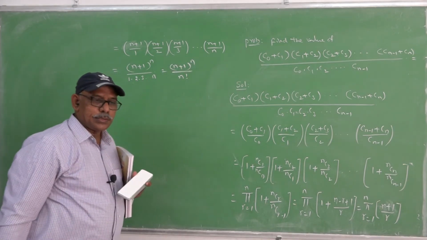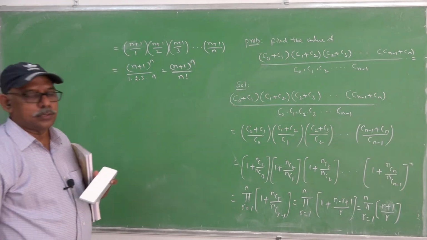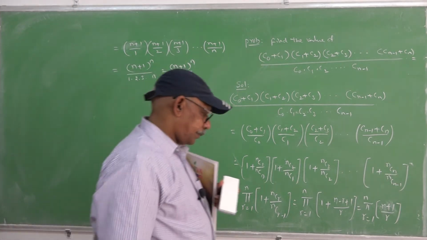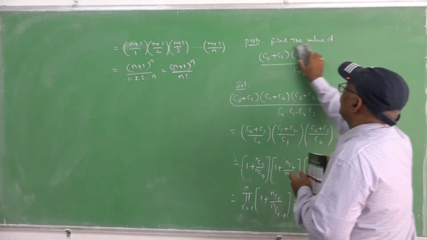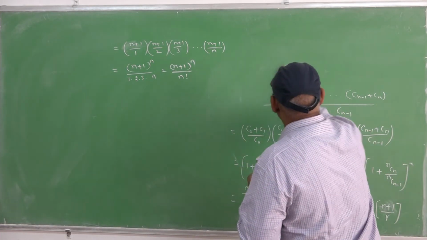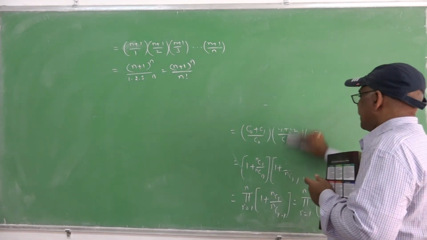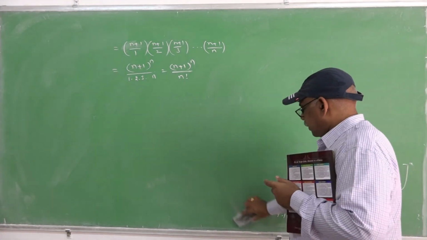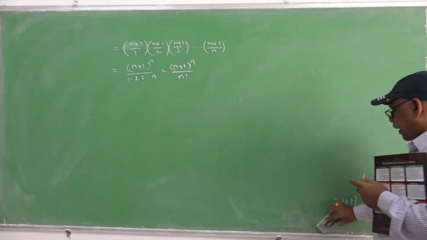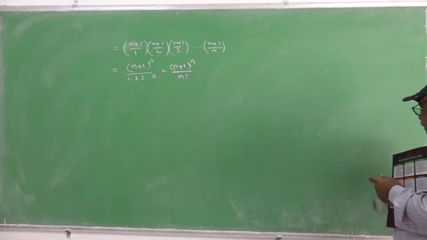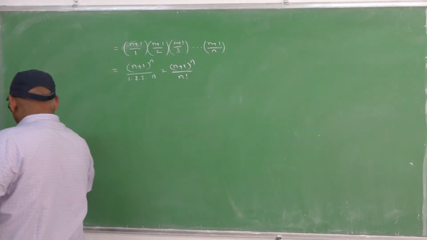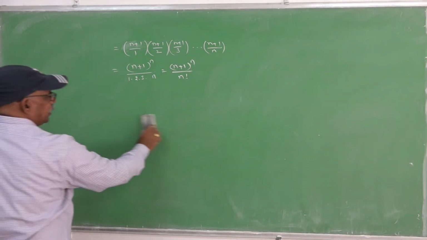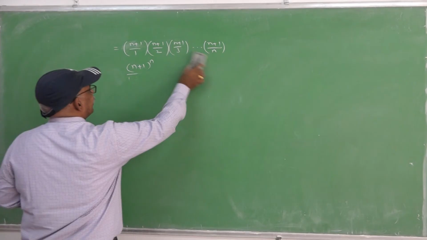So in such a way you can find the product. You can apply such results to these questions. C0 always stands for nC0, Cr stands for nCr. Like that you can evaluate the required values.